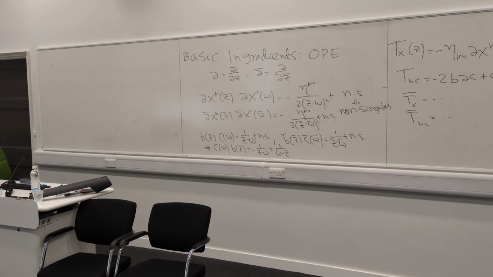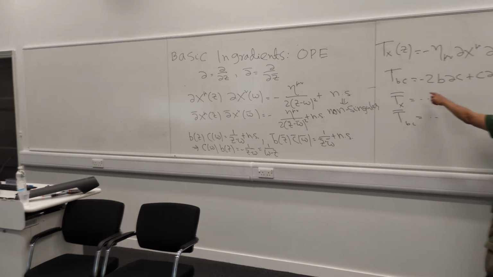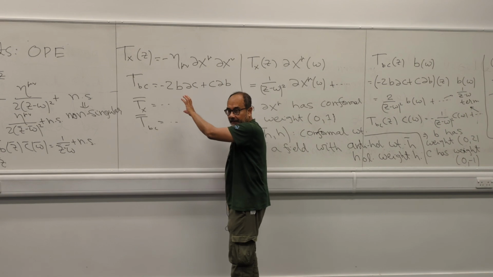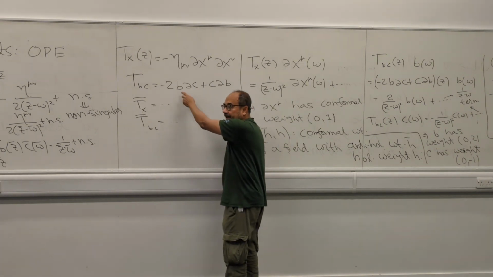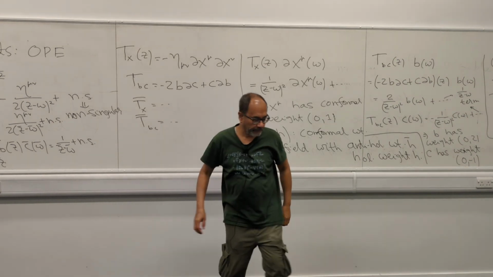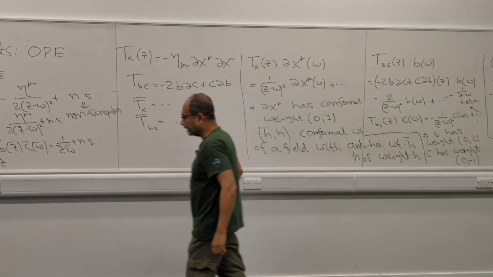So when you take the derivative, if you take it with respect to c, then it should also act on b, right? What this means, maybe I should have said this, is that whenever you are defining a composite operator, you do normal ordering. So you subtract off any singularity that b and del c might have. So when I write b del c, for example, let me write it here.